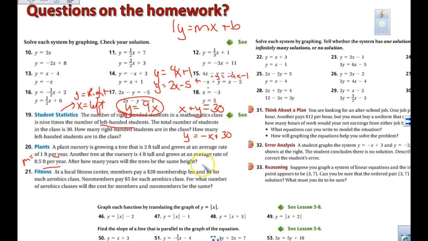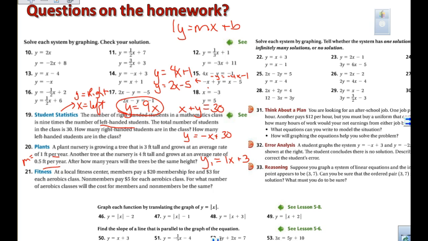So when I look at equation 1, I might say, oh, you know what, the height of tree 1, and you can either use y, because we're in graphing, y1, we're talking about tree 1. What was happening in tree 1? It was growing 1 foot per year, 1x, and it started out at 3. If you don't have these equations down, make sure you have the equations on your paper for all of these. What do we know about the second tree?